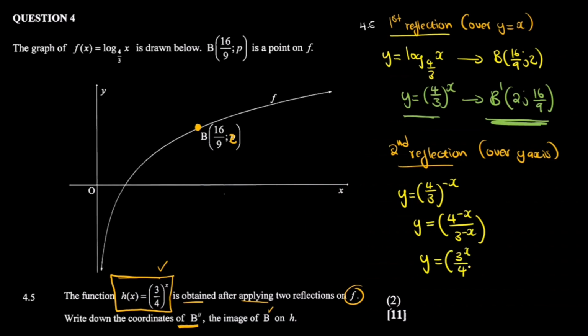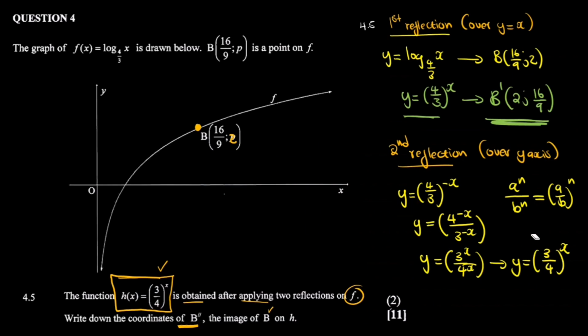All of them have the exponent x: the numerator is raised to the exponent x, the denominator is raised to the exponent x. So I can write this as y equals 3 over 4 to the x. Remember, I used this rule: if you have a to the power n and b to the power n, this can be written as a over b all to the power n. This is essentially what I did here.